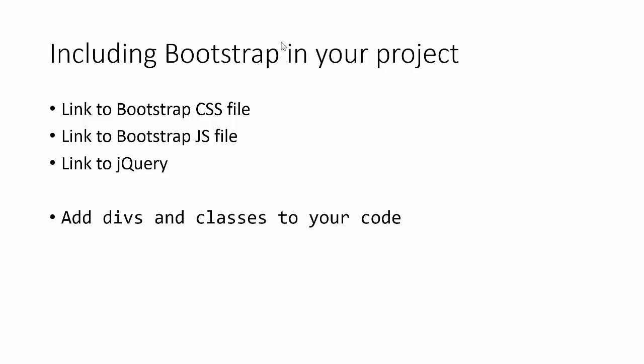Once we've done all of those things, I'm going to show you at the end of this tutorial and in future tutorials how we can apply all of the new Bootstrap components and the Bootstrap styles using divs and classes in our HTML code.